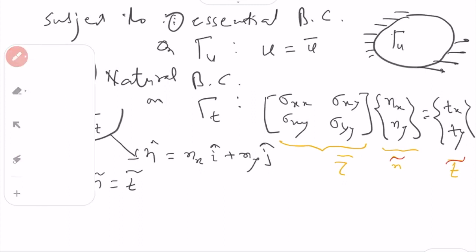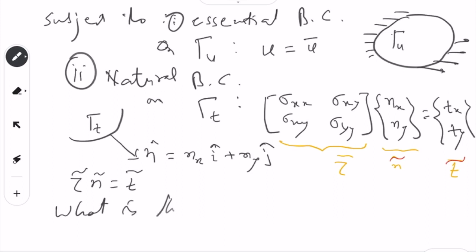Now, given this strong form, the next step is the weak form.